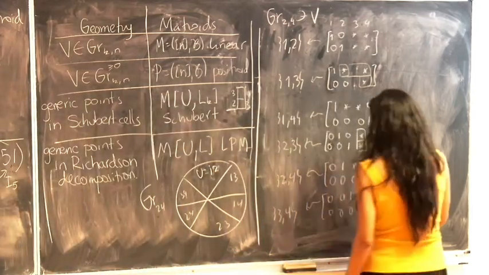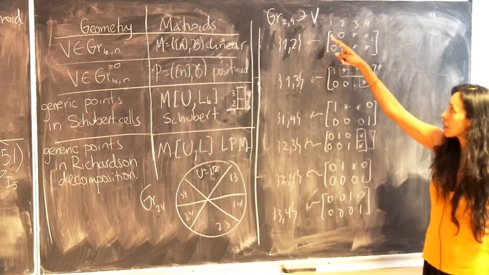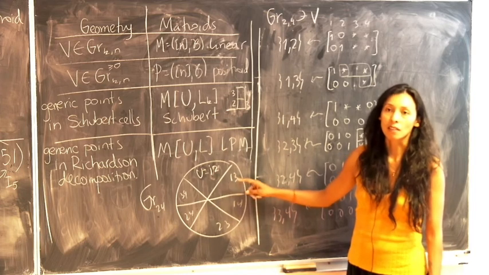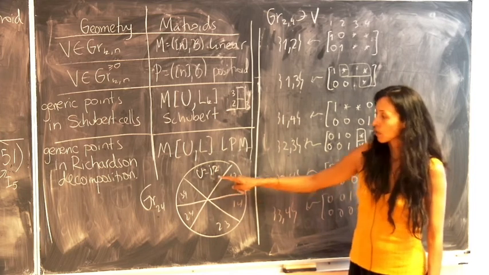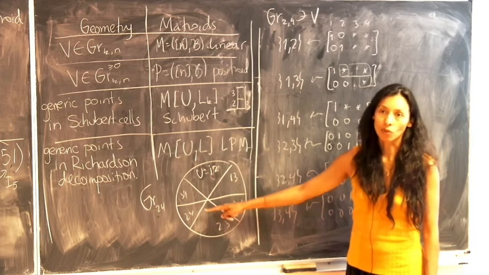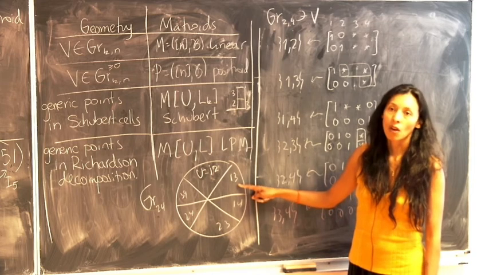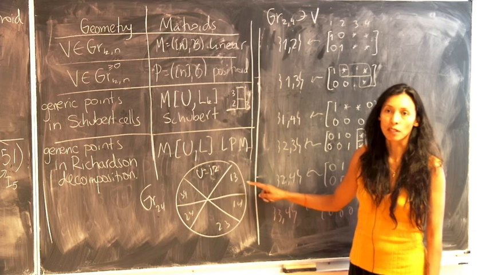One thing that I would like to point out is that when we partition the Grassmannian like this, we partition it into pieces. What was each piece indexed by? Each piece was indexed by a subset of size 2. And what was that subset of size 2 telling us? It was telling me, oh, I'm looking at points such that when I row reduce, pivots are in columns 1 and 3.